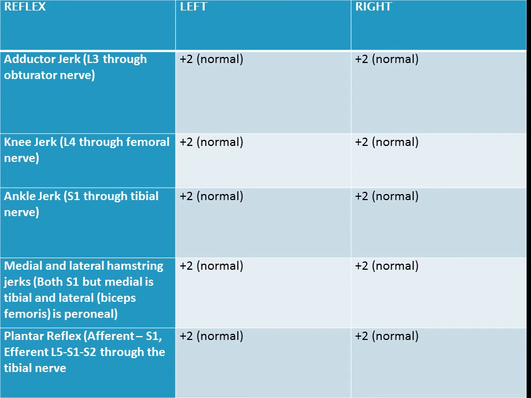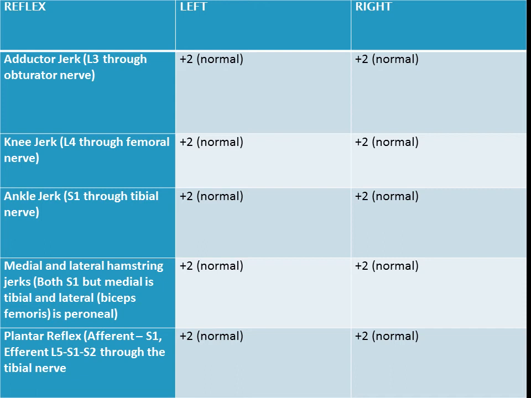So in order to induce the adductor jerk, you simply place your finger over the adductor tendon down low by the knee and tap it with the hammer, and in the presence of a normal adductor jerk, you can conclude that at least the L3 afferents, efferents, and L3 level of the spinal cord is functioning properly.